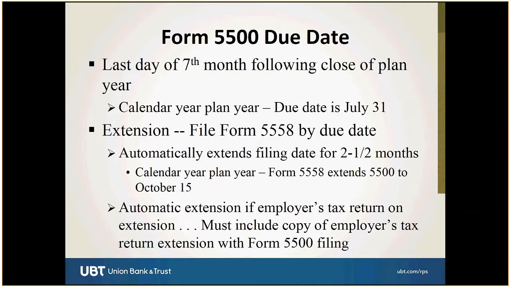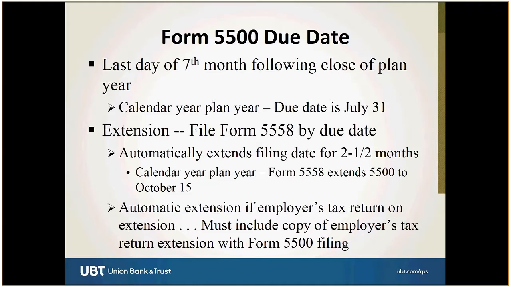The Form 5500 is due the last day of the seventh month following the close of the plan year. So that means if you have a calendar plan year, the due date is July 31st. If July 31st falls on a Saturday or Sunday, the due date rolls over to the next Monday.